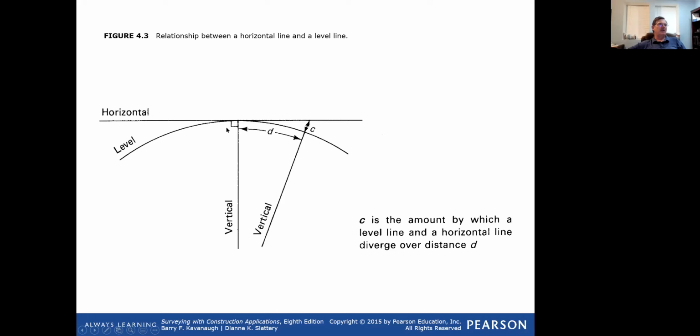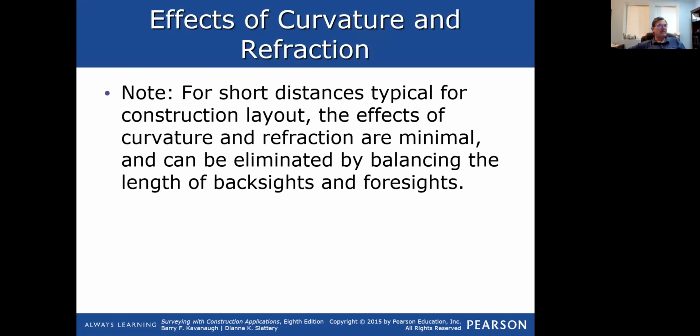You can picture if you were to look for miles and miles away, level is going to be down here and horizontal is going to be up high, and you're going to be pretty far apart right there. So it's something that you have to be mindful of, that the earth is curved. And so we can't actually measure on a curve very well. So how do we account for that? Well, it's coming up.